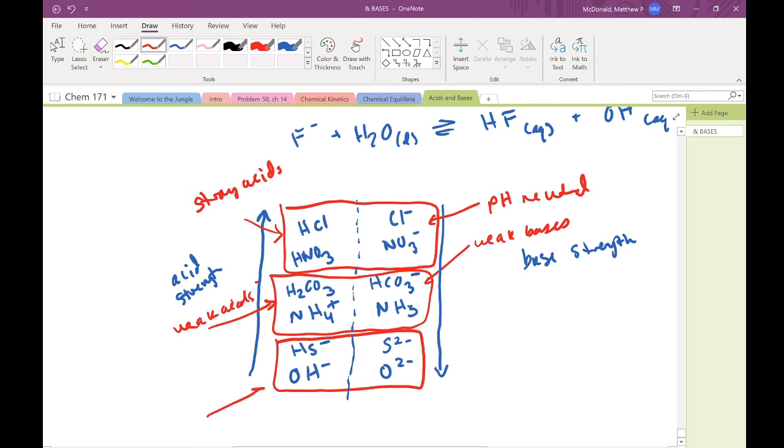So these are essentially negligible acidity. Okay, so pH neutral, essentially. And these are extremely strong bases.